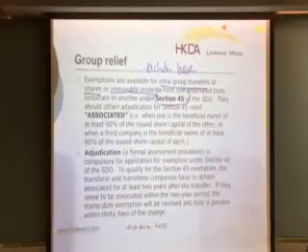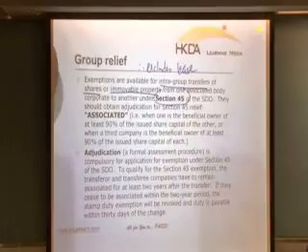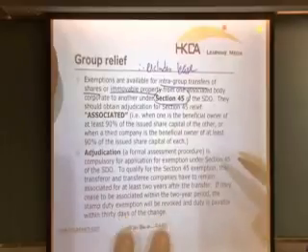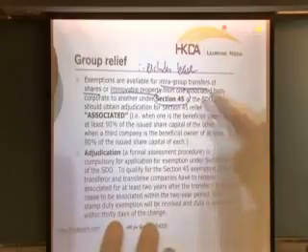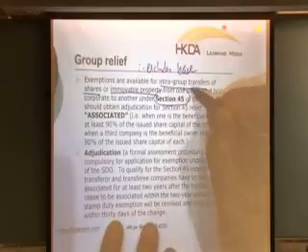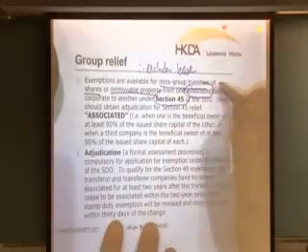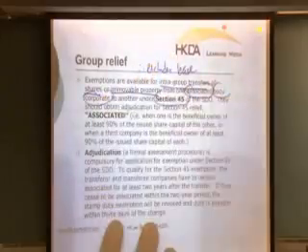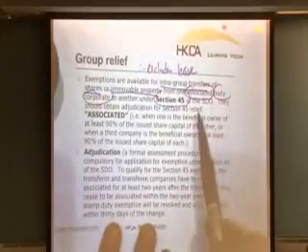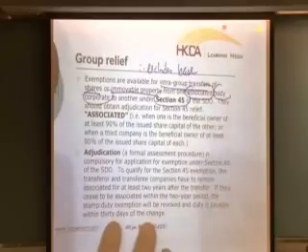Even there is inter-group lease, there is no exemption involved. All right? And then what are the conditions involved? These must be between associated body corporate. Actually, these terms, associated body corporate, involve two conditions.